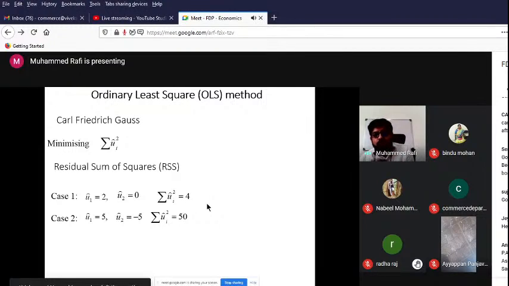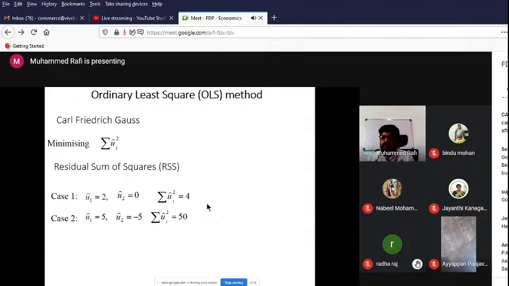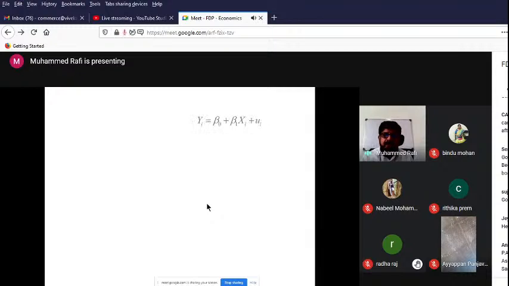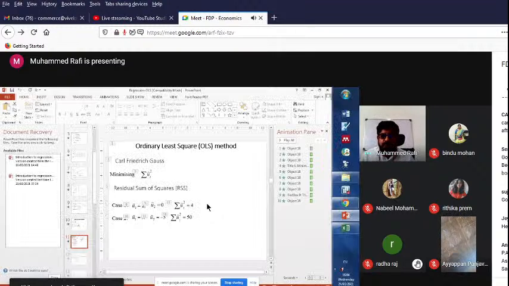So if you go for the square of the residual and take the sum of it, then you penalize both positive and negative errors. So this is the logic behind going for the residual sum of square. Now, you should not go for minimizing the residual, whereas you should go for minimizing the residual sum of squares. That is exactly what the ordinary least square method explains.